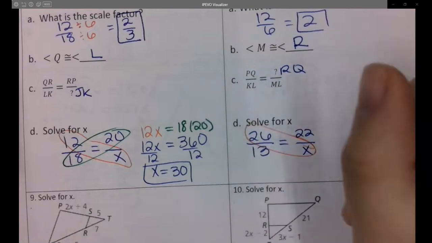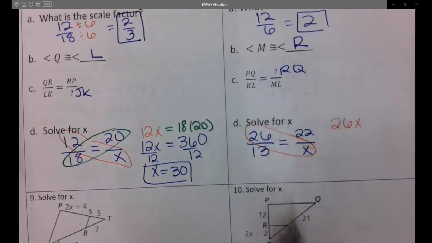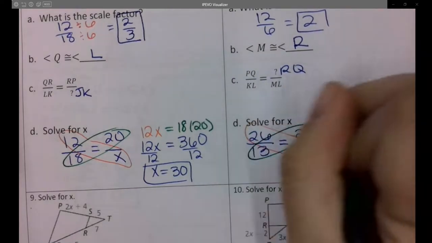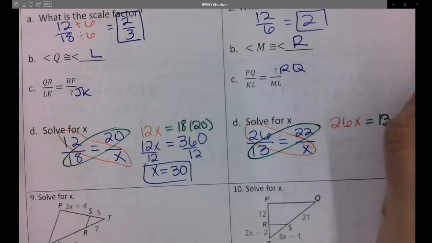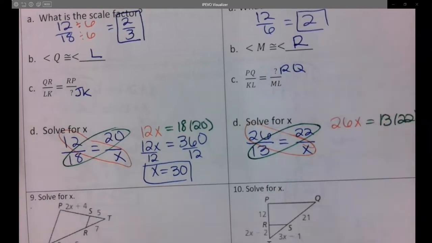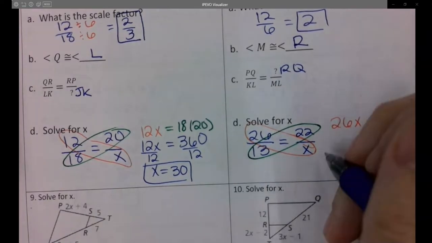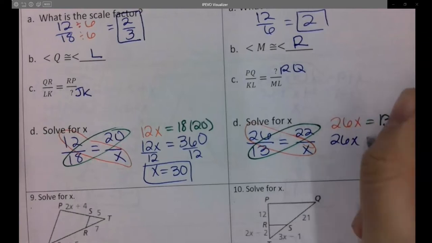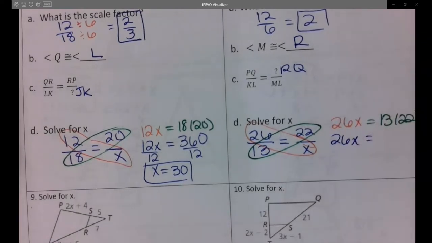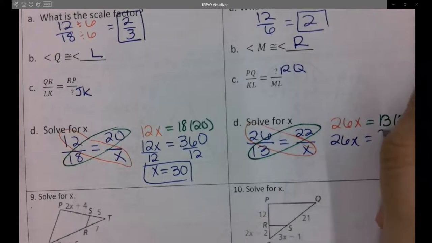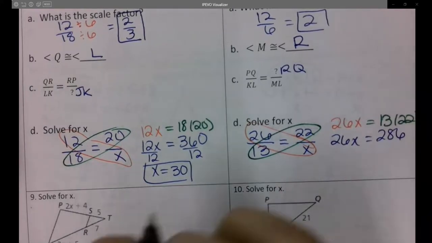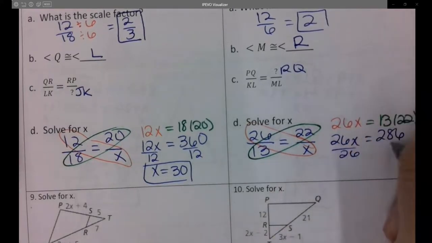I have 26 times X and 13 times 22. 26X stays the same. 13 times 22 gives me 286. Then I want to go ahead and divide both sides by 26, which gets me 11.